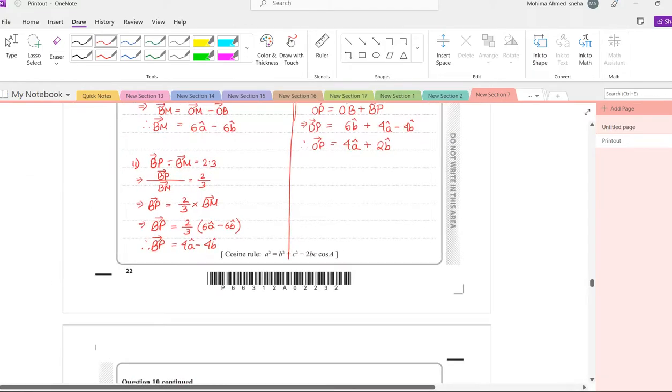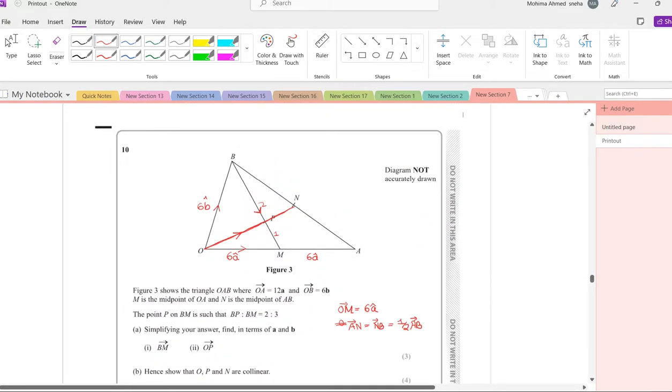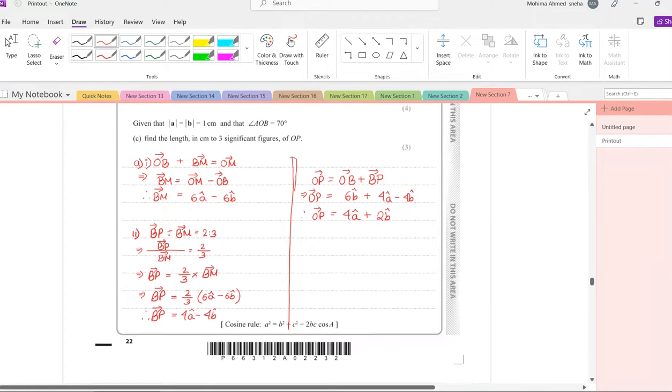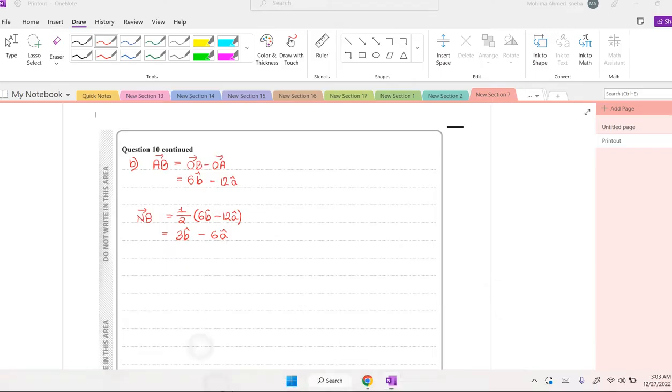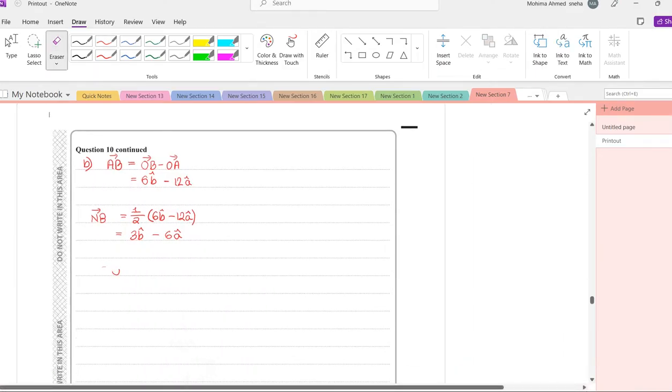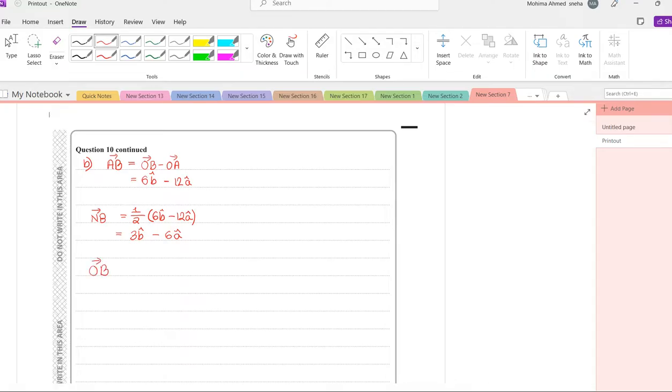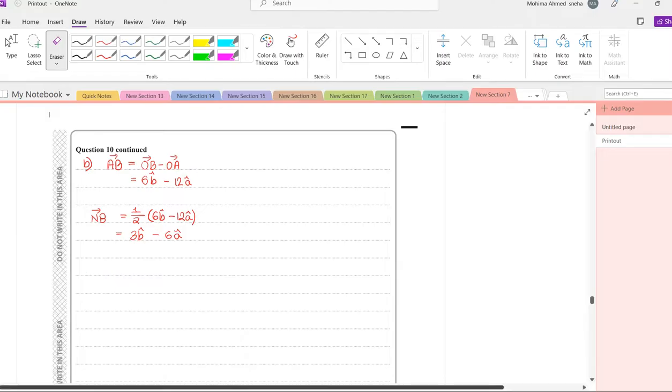And now to find the value for ON, we can see that in triangle OBN, OB is in the opposite direction, whereas ON and NB are in the same direction. So the equation would be ON plus NB is equal to OB. And if you make ON the subject, you have OB minus NB.